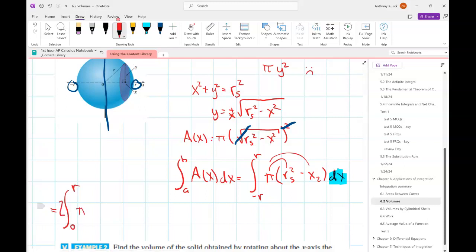That'll make life a whole lot nicer. I don't know why that became a subscript. That should be a superscript. Remember that if I have an even function from negative a to positive a, I can just write that as 2 times the integral from 0 to a, because one side is going to be the same as the other.